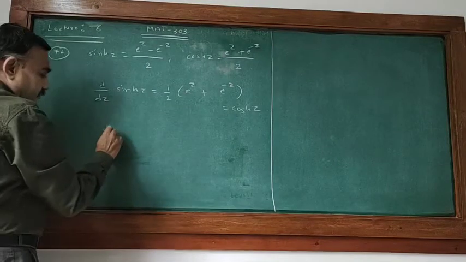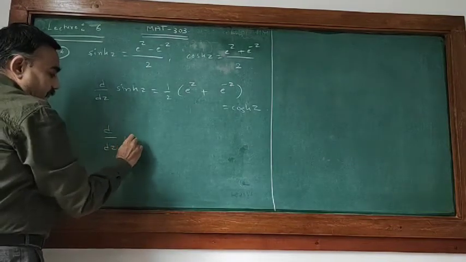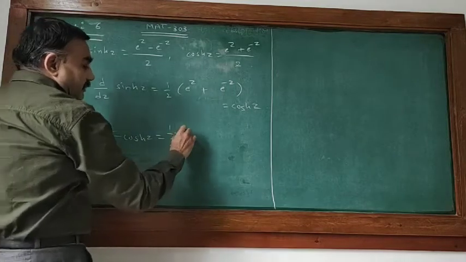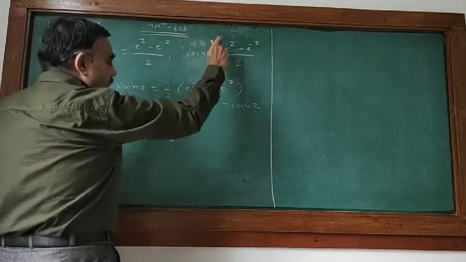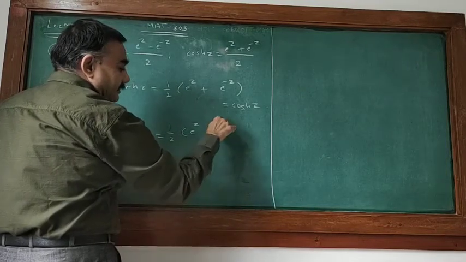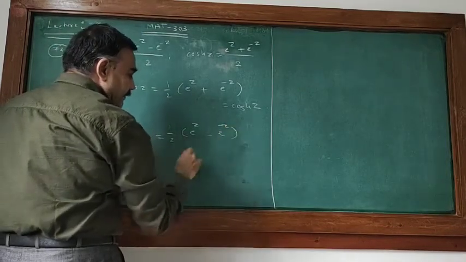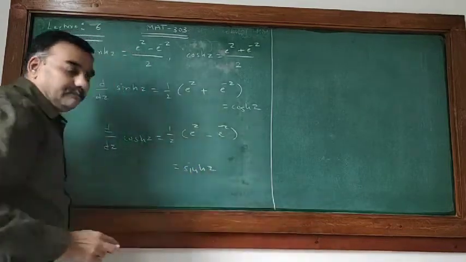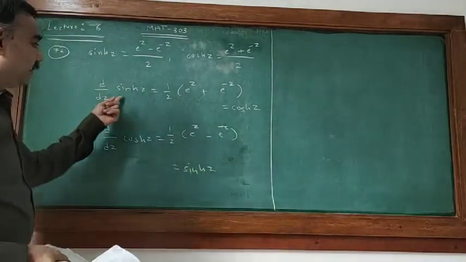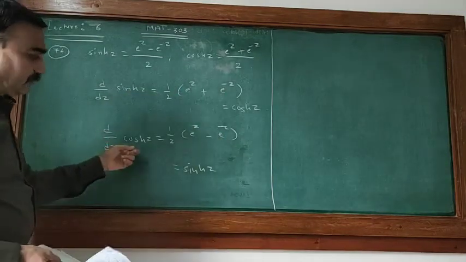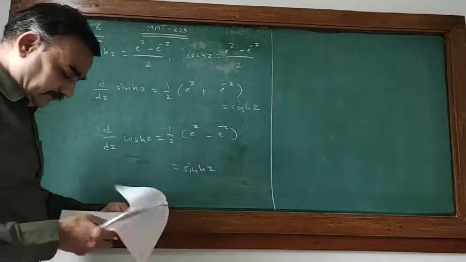Likewise, the differentiation of cos hyperbolic z is 1 by 2 times the differentiation of e raised to z, which is e raised to z, and e raised to minus z is e raised to minus z, multiplied by the minus sign, so it will be sine hyperbolic z. So the differentiation of sine hyperbolic z is cos hyperbolic z, and the differentiation of cos hyperbolic z is sine hyperbolic z.